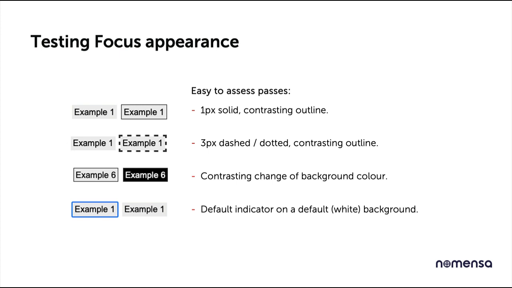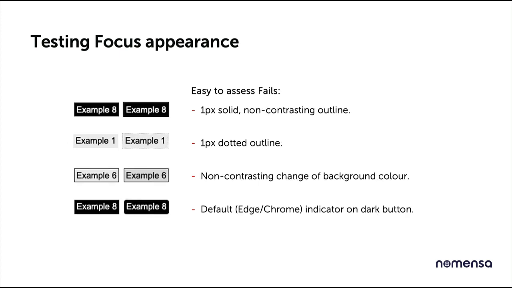If you have a change of background color that has sufficient change of contrast, that's also going to pass. And then we've got a couple of user agent exceptions. One is if you can't change the focus indicator, that's not author responsibility, therefore that's accepted. And if you don't change the focus indicator or the background colors of the focus indicator, then that will pass. So if you've got a default browser-based focus indicator on the default background, that will pass.